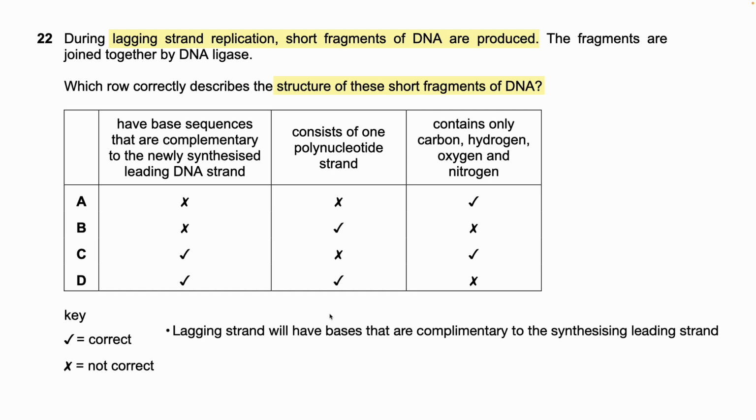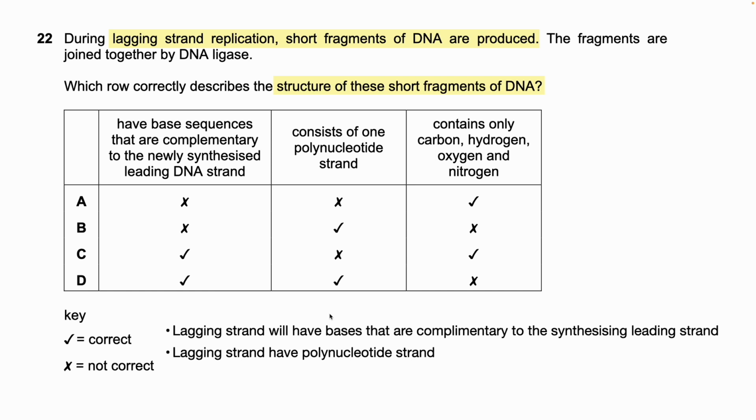The lagging strand will have bases that are complementary to the synthesizing leading strand. Yes, the newly produced Okazaki fragments will have bases that are complementary to the newly synthesizing leading strand, and they consist of one polynucleotide strand. Yes, they will have a polynucleotide strand.